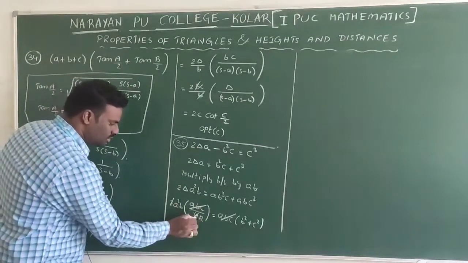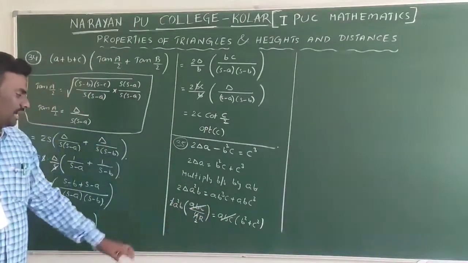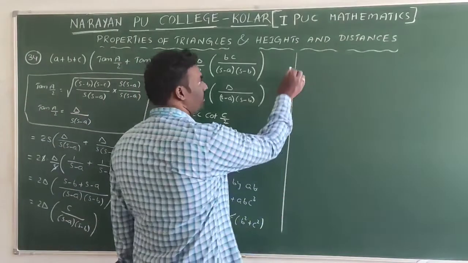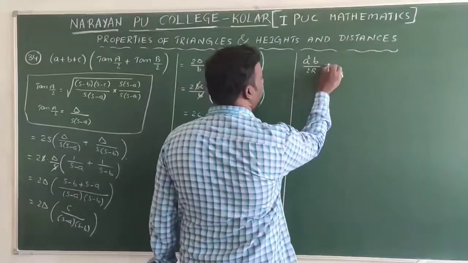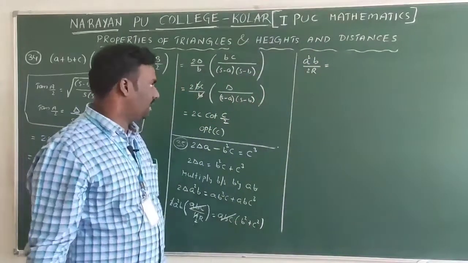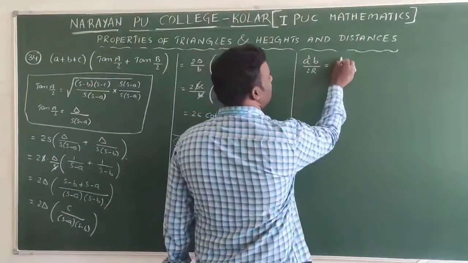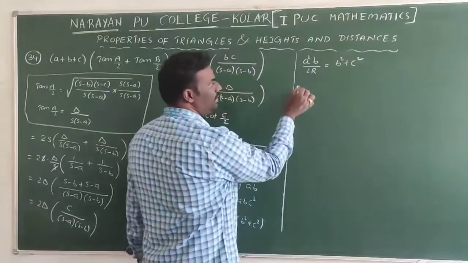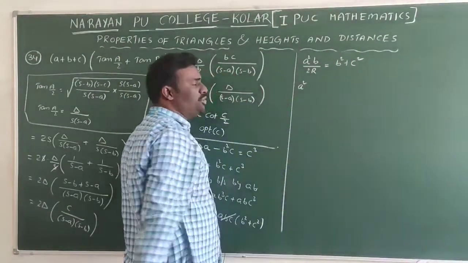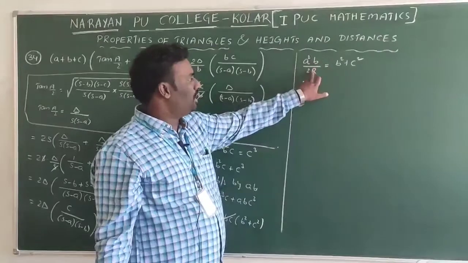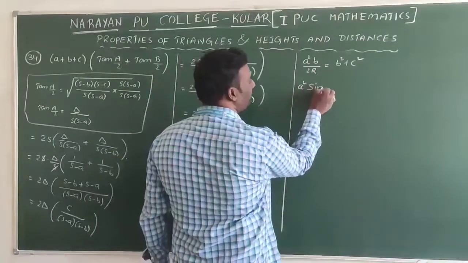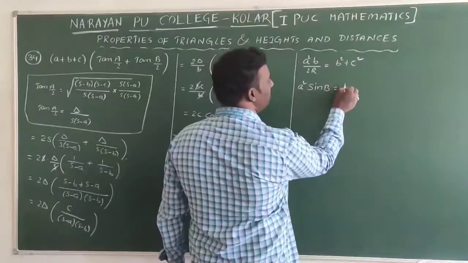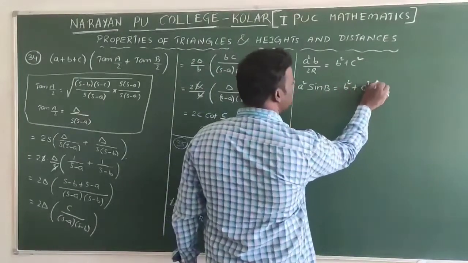2 and 2 cancel. Now what is remaining? A square B by 2R equals the right side, B square plus C square. Then A square into, according to sine rule, B by 2R is the formula for sine B. That is equal to B square plus C square.